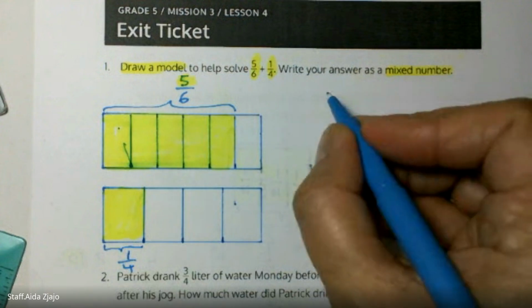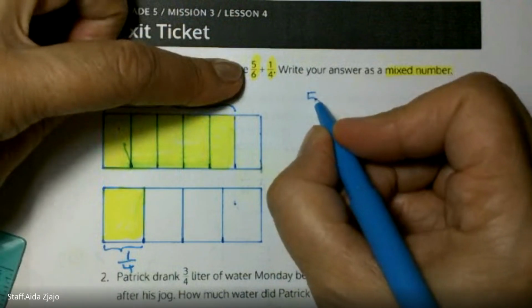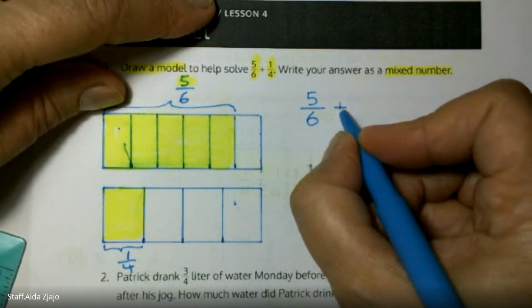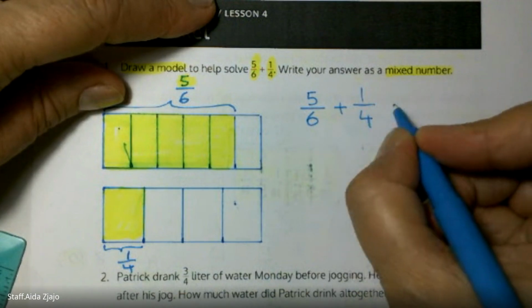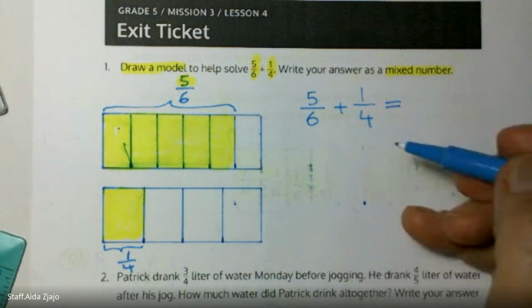So now I need to add 5/6 and 1/4. They're not the same size fractions, so I have to make them the same.